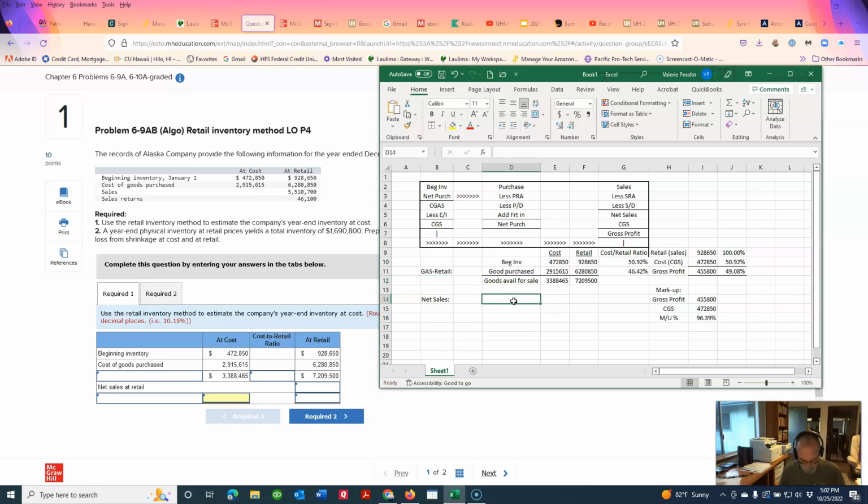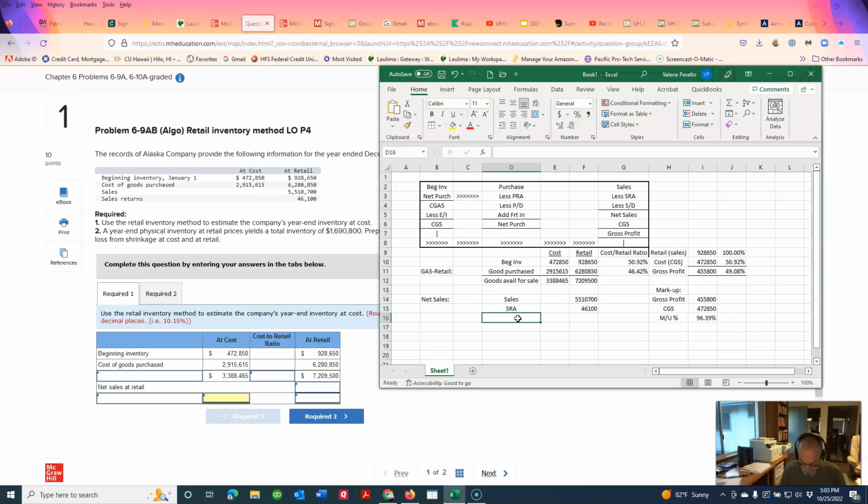We have our sales at retail is 5,510,700, and we need to subtract out our sales returns and allowances, 46,100.